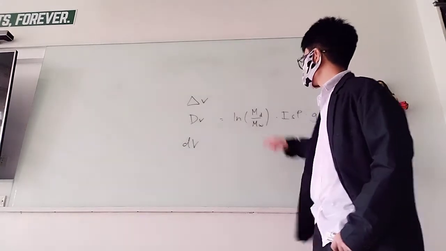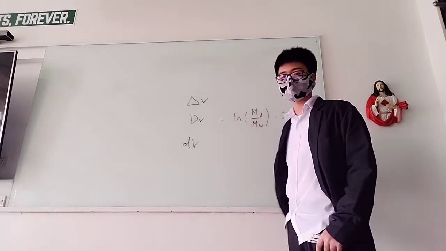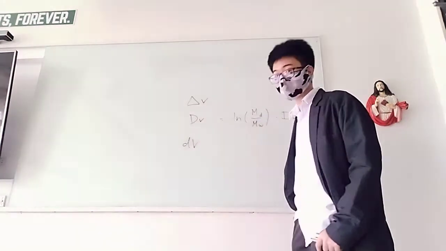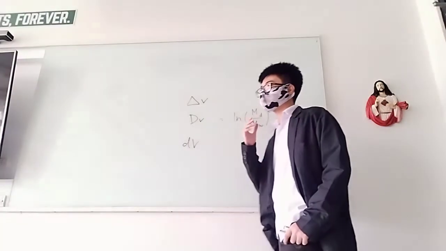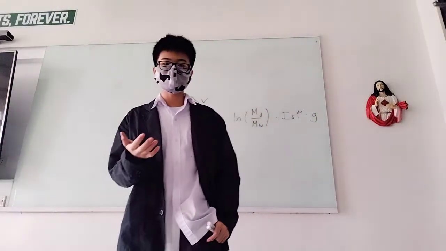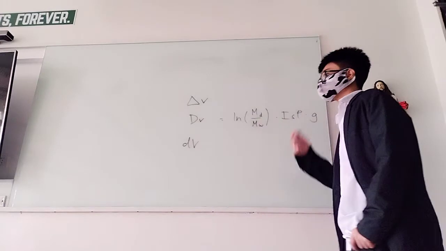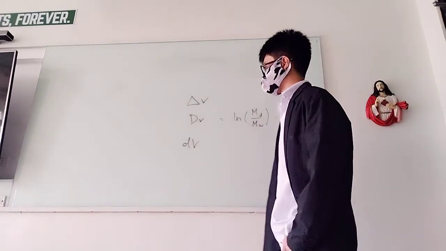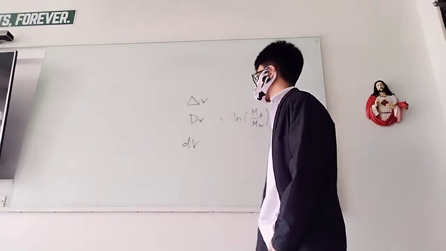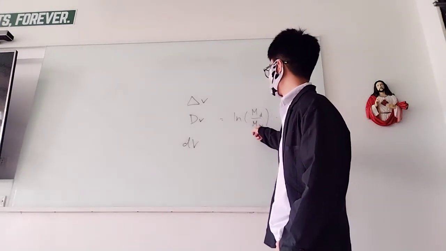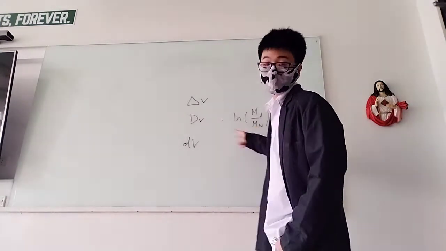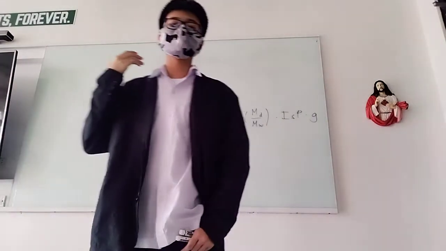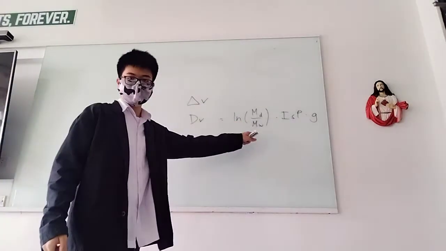So the dry mass is basically the mass of your rocket or your spacecraft without the fuel and your oxidizer, or your nuclear fuel, I'd say, if you're using a nuclear engine like VASIMR or something like that. And the wet mass is your rocket or your spacecraft, including the fuel.